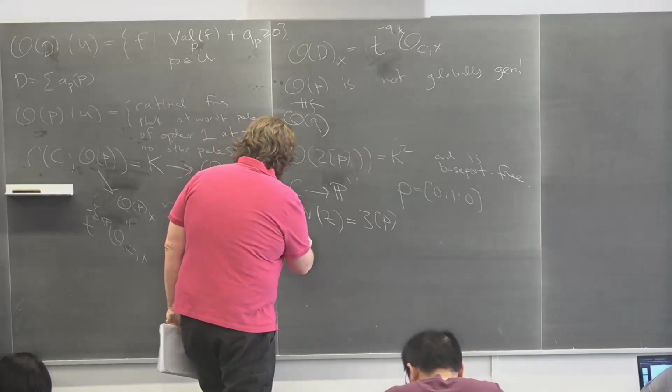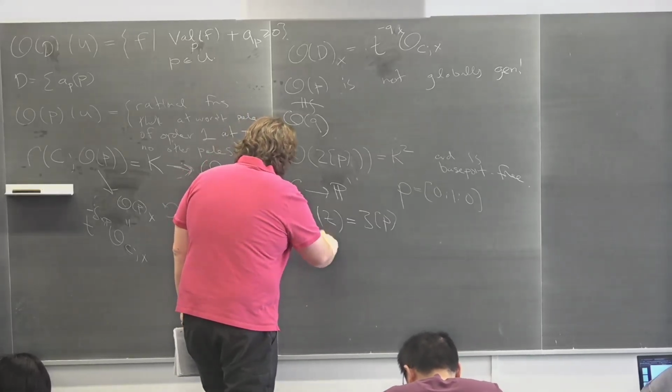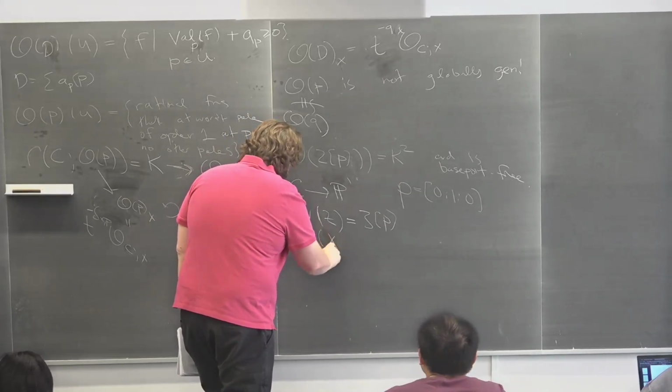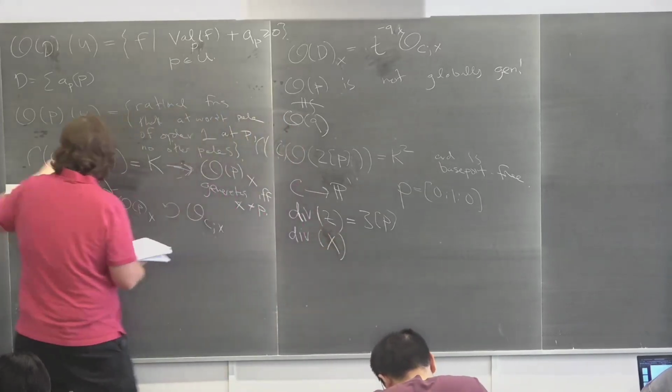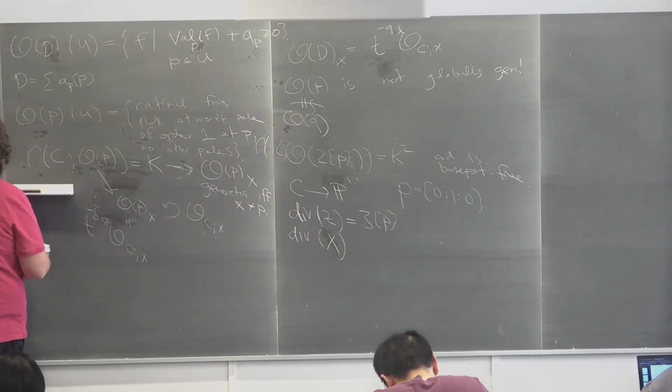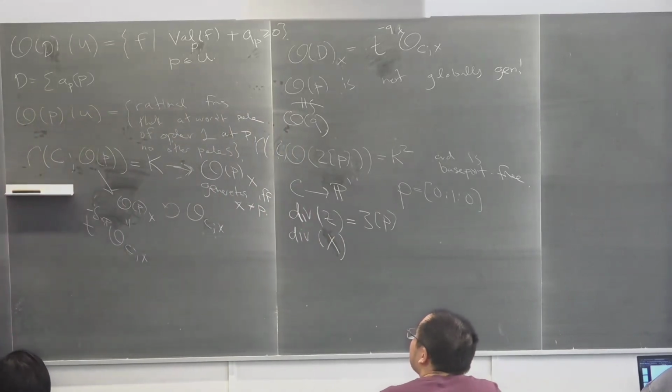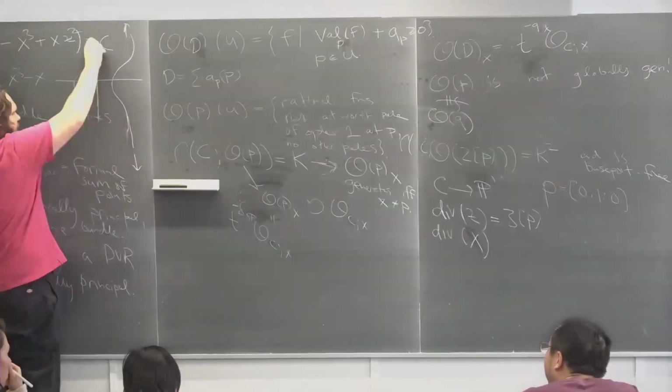On the other hand, if I look at the divisor of x, so x also vanishes at infinity, but it vanishes at another point here. Right, I'm looking at the x-axis.